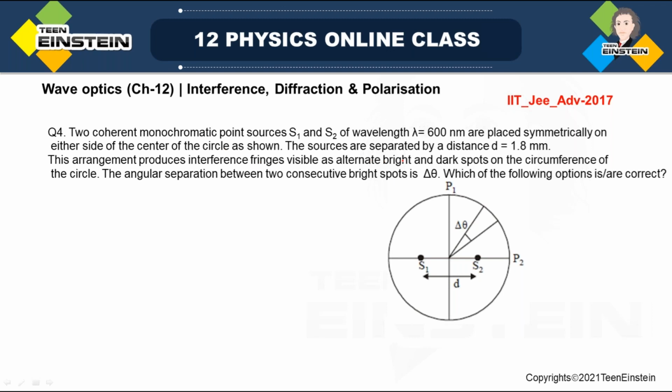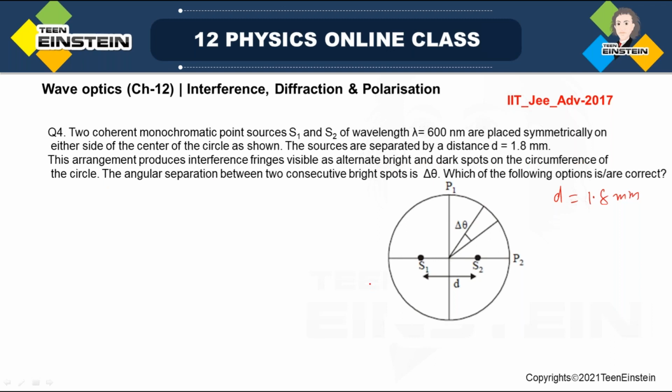The sources are separated by a distance small d, which is 1.8 millimeter. The arrangement produces interference fringes visible as alternate bright and dark spots on the circumference of the circle.